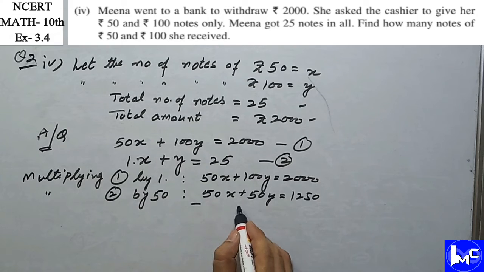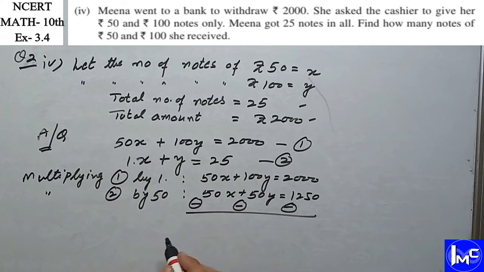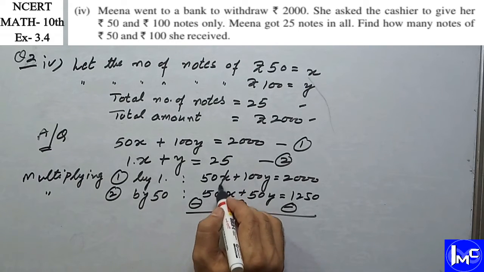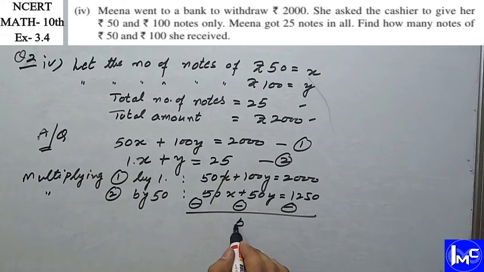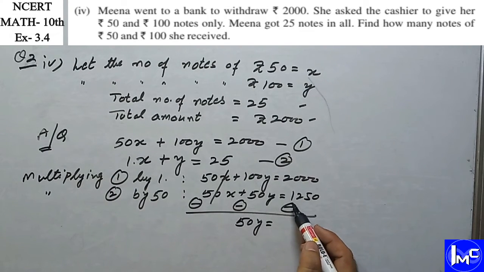And by changing the signs of each term, we will be able to cancel the first term, and 100 minus 50 will be 50y, and 2000 minus 1250 will be 750.